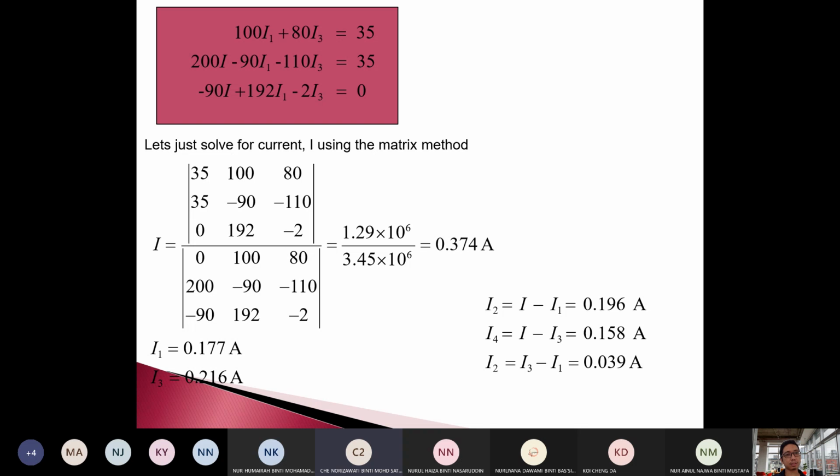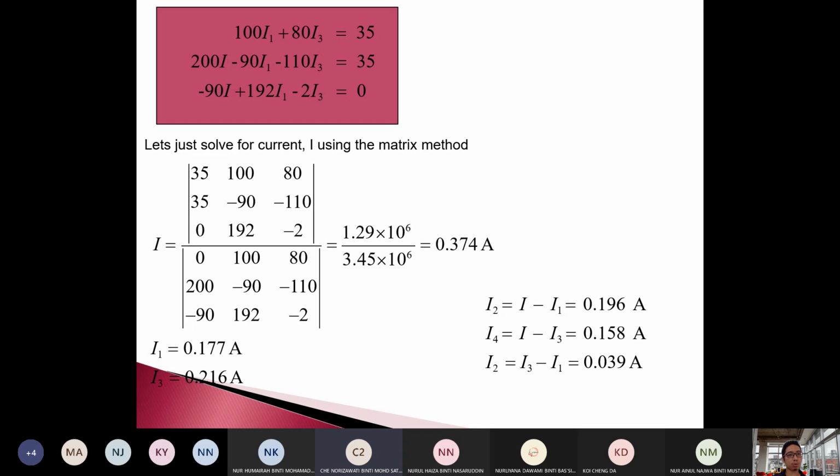And then for this one, you still need to take out a minus 90 for I. So the way you did it is, you put it as minus 2 over there, it will be 0, 192 and minus 2, and then over here at the bottom, you just divide whatever values of I has at that time.